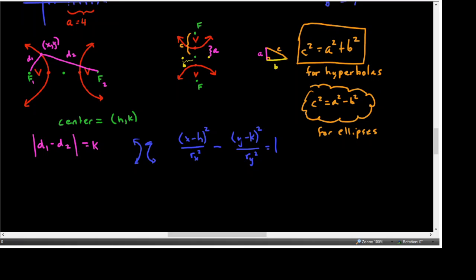The x radius here would be the a, and the y radius would be the b.